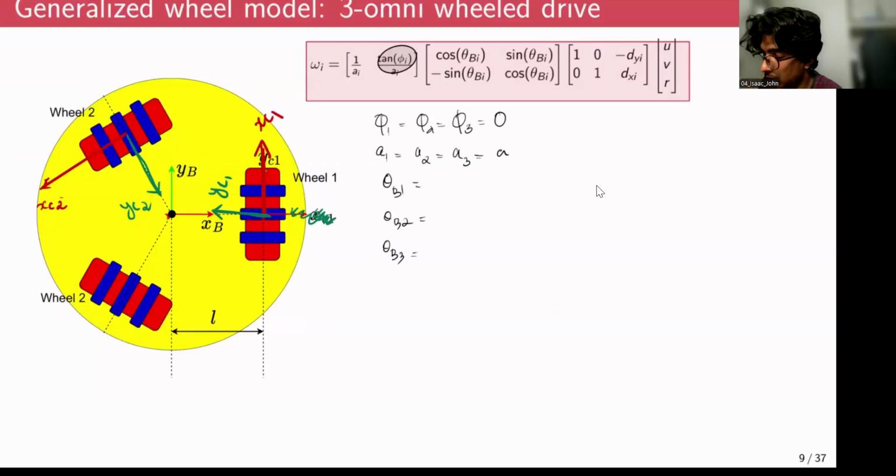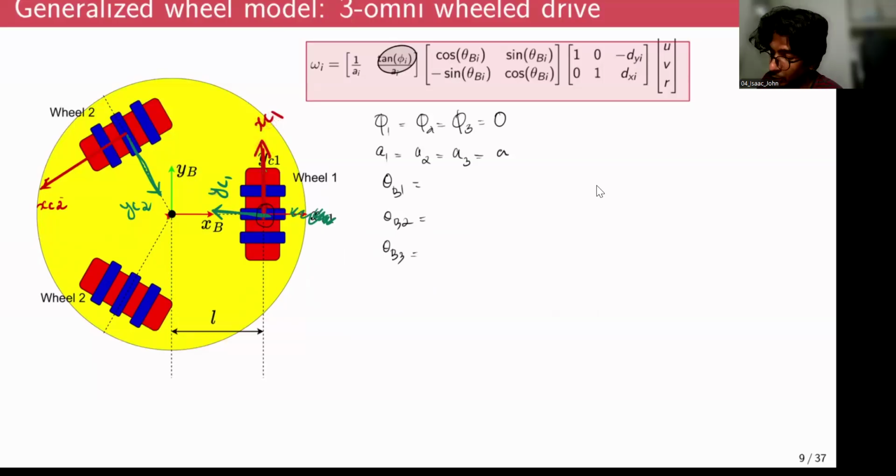So if you can recall, theta B is basically the relative orientation between the wheel frame of reference with respect to the body frame of reference. Right? So this is the body frame of reference, YB and XB. And this is the wheel frame of reference, XC1 and YC1.